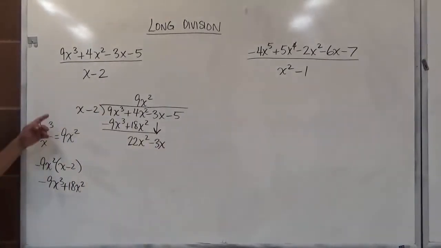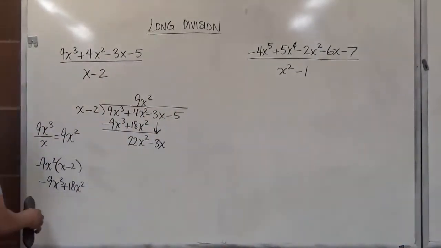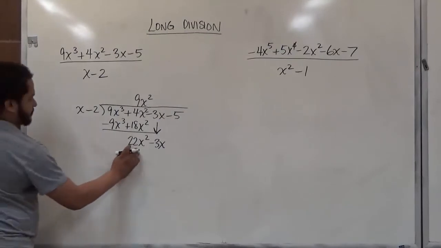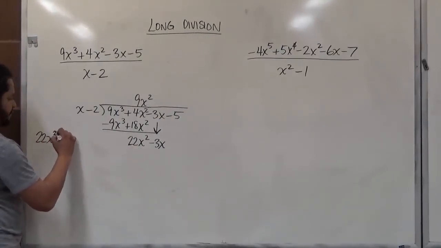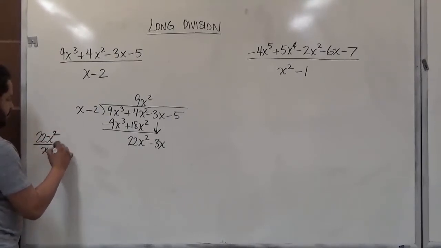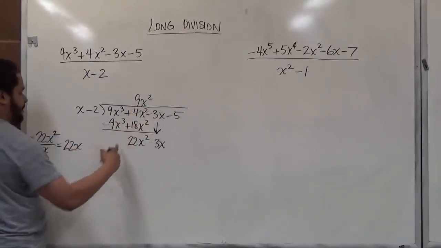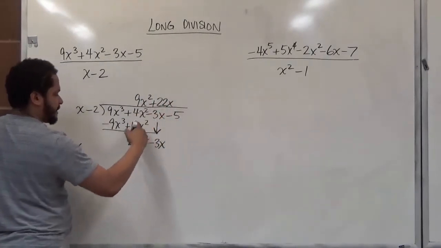So the next step again, we start over with the same routine, and we're going to continue doing this rinse, wash, repeat method. So now we're going to take the leading term, 22x squared. We're going to divide that by x. The quotient for the term is going to be 22x. That's going to go up top, positive 22x, right above the x term, they should always line up.